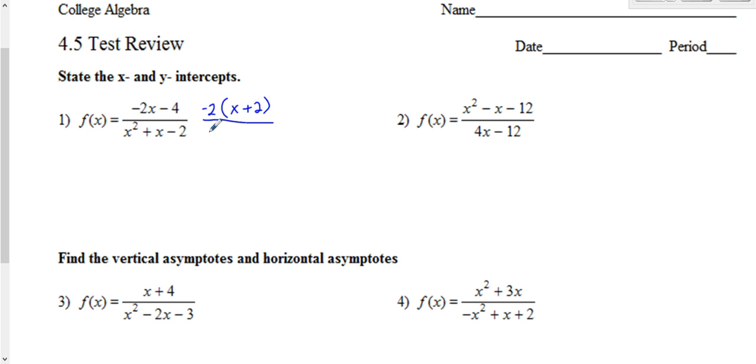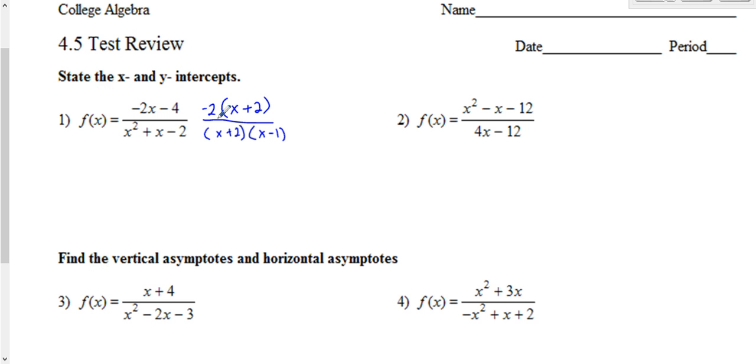And I will get x plus 2 times x minus 1. 2 times -1 is -2, and 2 plus -1 is +1 for the middle term.